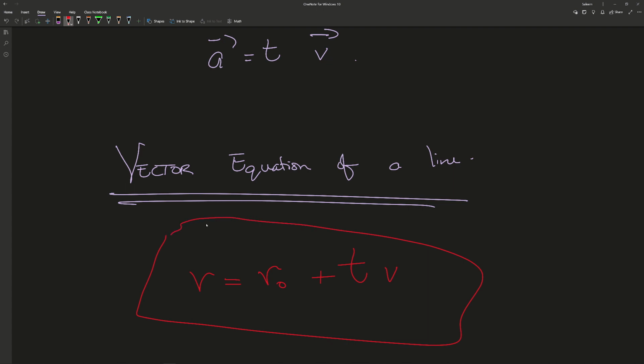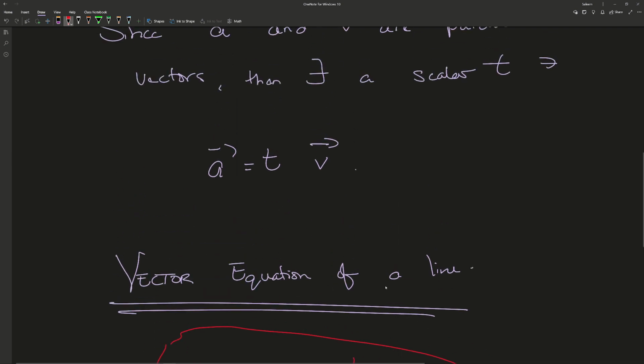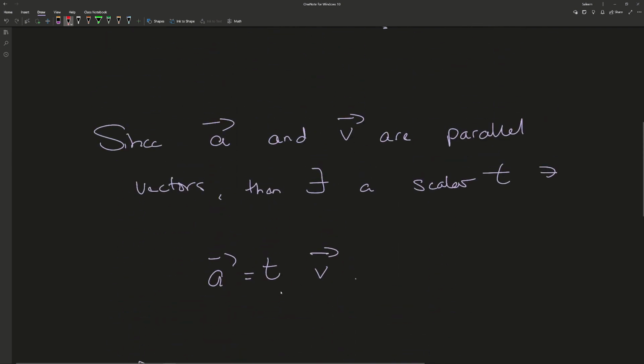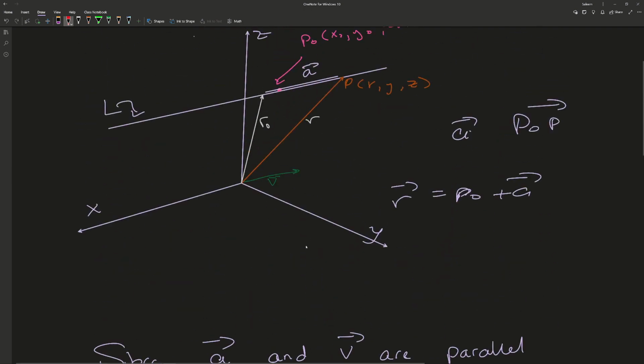So we see that our parameter here, t, each value of this parameter t, what does it serve? It gives the position vector r of a point on this line L. So it's easier for us to see that as this value of t, our scalar, varies, the line here is traced out by the tip of this vector r.